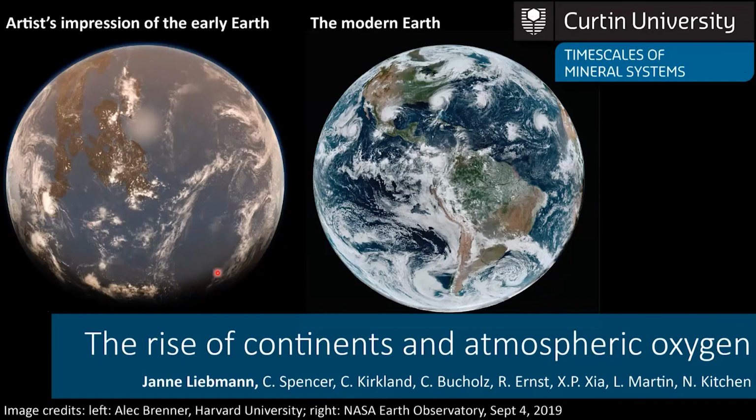And instead, Earth may have been covered by a thick hydrocarbon haze, leading to an orange sky color in the Archean. And then, in contrast, on the right-hand side, the modern Earth as we know it today, with large subaerial land masses and an atmosphere that's comprised of 20 to 21% oxygen. And many geoscientists have tried to answer this question of when and how did we go from this to this.